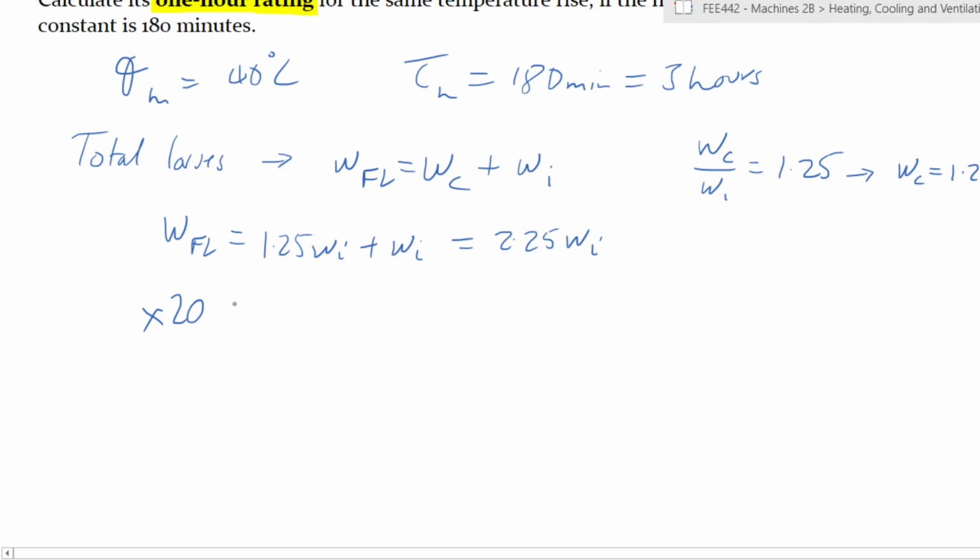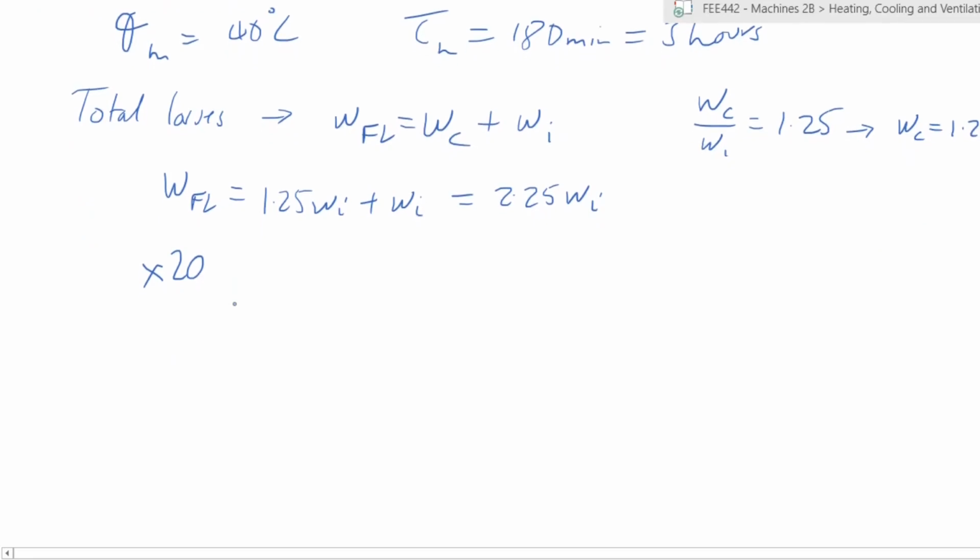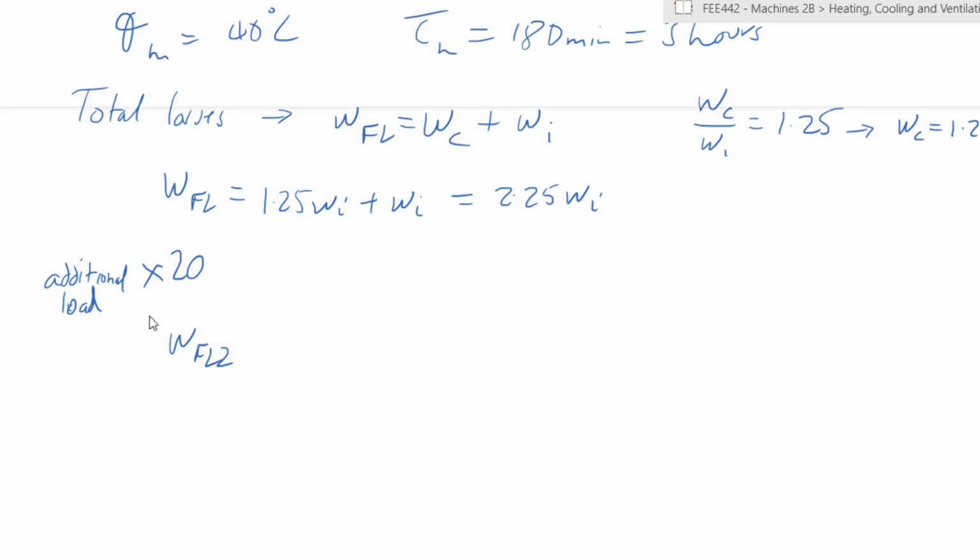And during that 1 hour, the losses in that machine, let's call them WFL2, the losses at that machine, this is additional load, is X over 20 or X20.